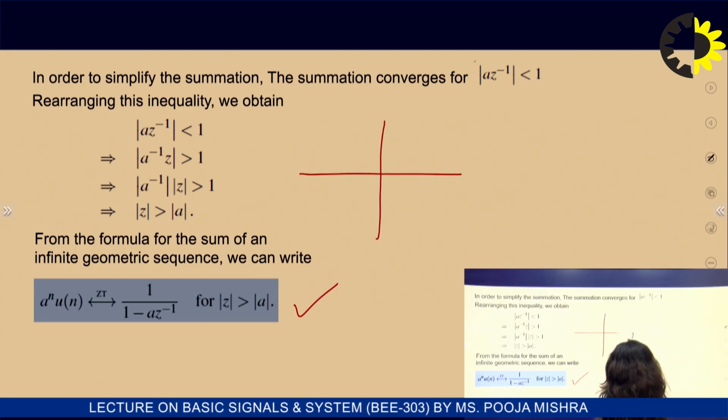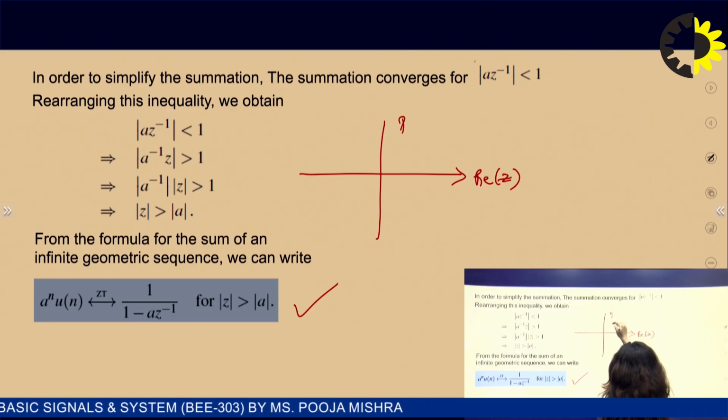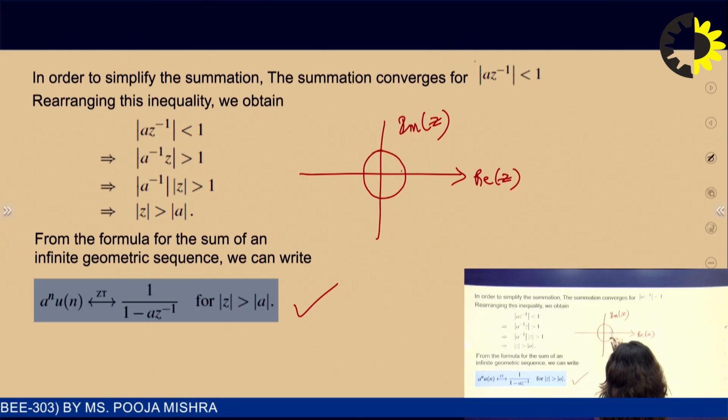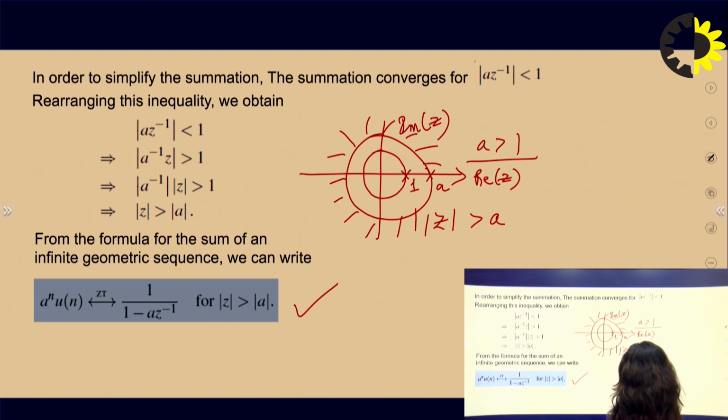What is the ROC in the Z transform? This is the real part of z, this is the imaginary part of z. There is a unit circle, and a circle with radius a. Here we are representing |z| greater than |a|, meaning the exterior of this circle, if a is greater than 1 in that case.